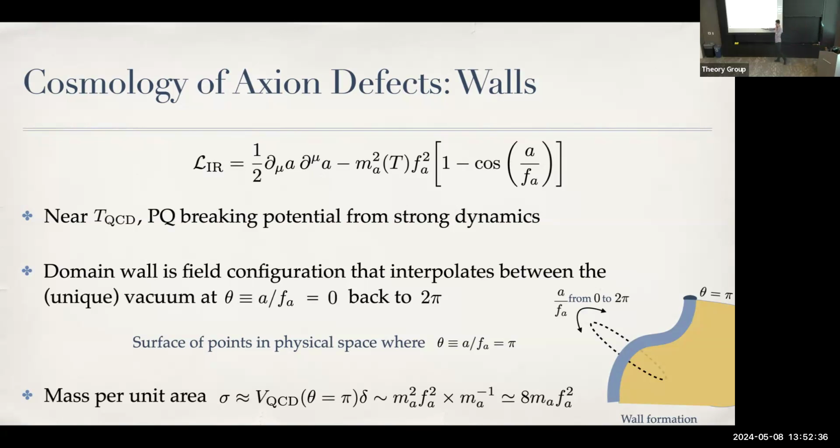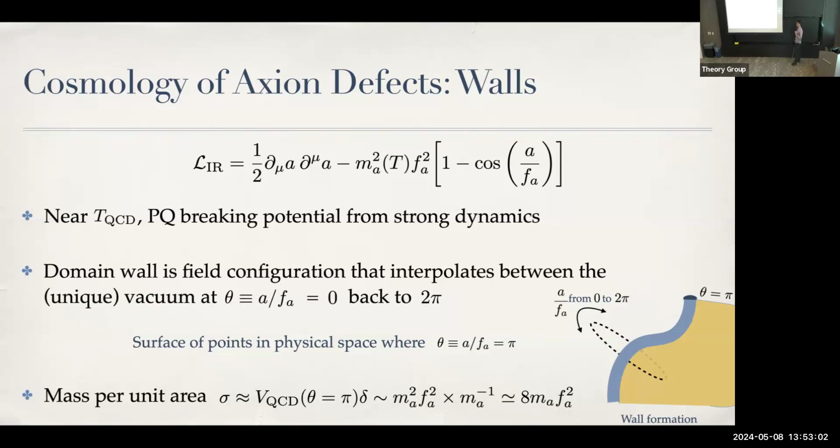Well, what parametrically is this energy density at theta equals pi? You can see it's going to be of order ma squared fa squared. And the thickness delta is going to be of order the inverse curvature of this potential, which is just 1 over my axion mass. So parametrically, you expect this tension, this mass per area of the wall, to be of order ma fa squared, and indeed a more careful calculation shows that the coefficient is of order 8.